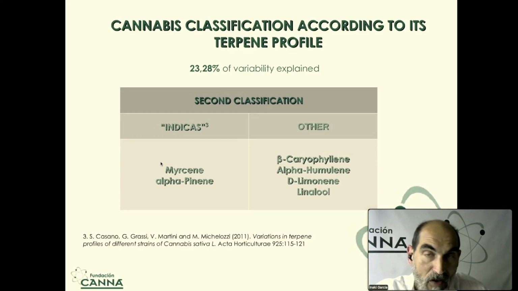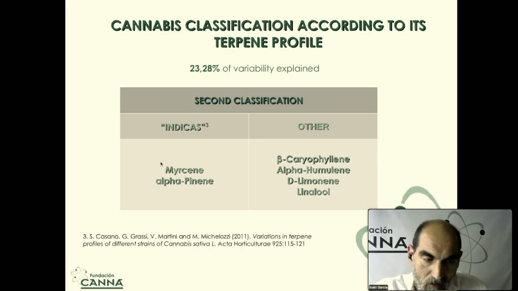When I say high quantities, I mean in proportion, okay? If you sum all the terpenes, the quantity of terpenes that are in a plant, there are some terpenes that are in higher quantities than others, okay?